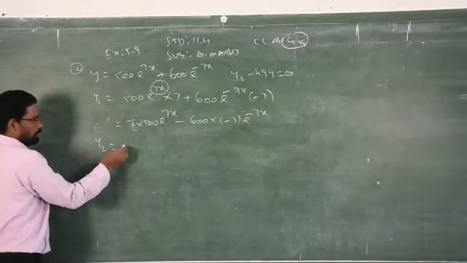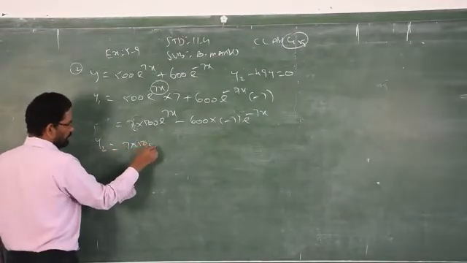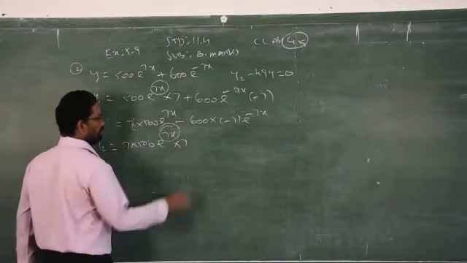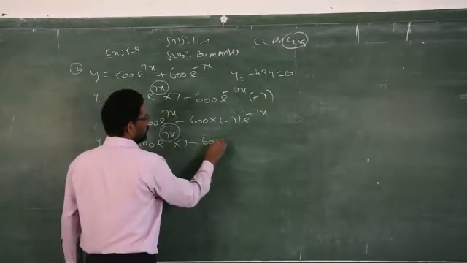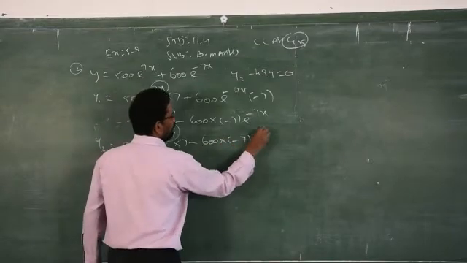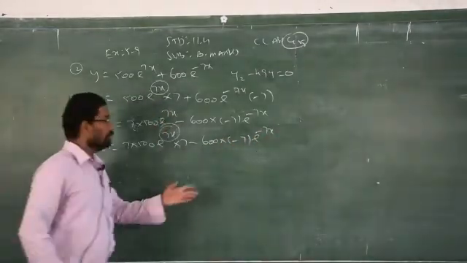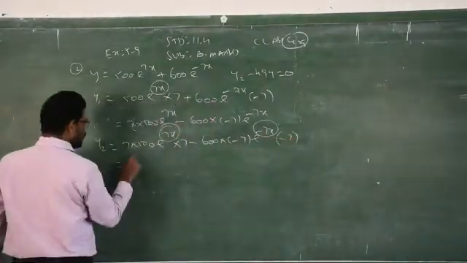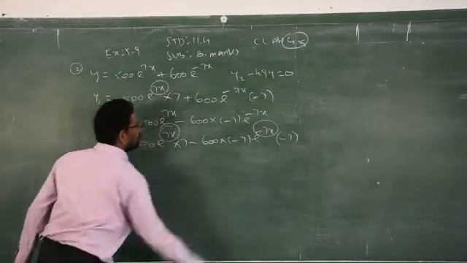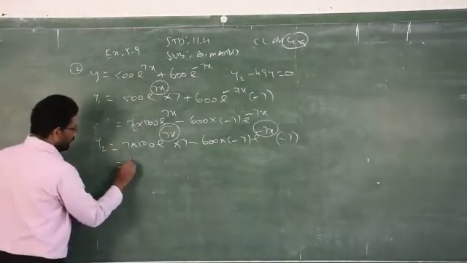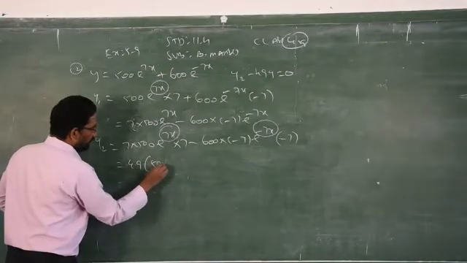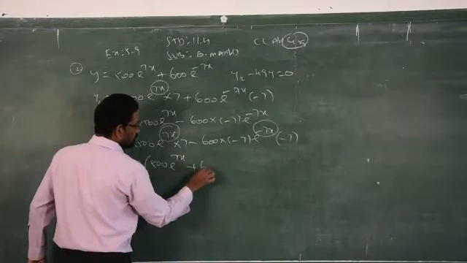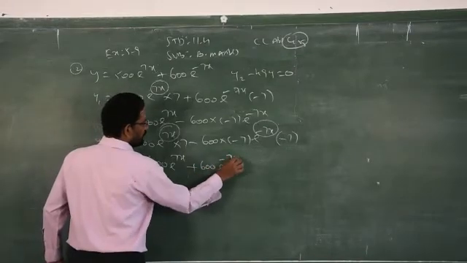Again you have to find y2, second order. 7 into 500 into e power 7x, again you differentiate, 7x will become 7, minus 600 e power minus 7x into minus 7, since the differentiation of minus 7x is minus 7. So now 7 sevens are 49, 7 sevens are 49. You take 49 outside, so the remainder is 500 e power 7x plus 600 e power minus 7x.